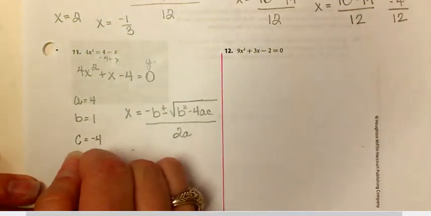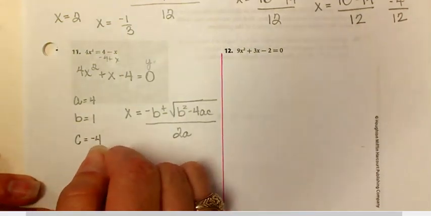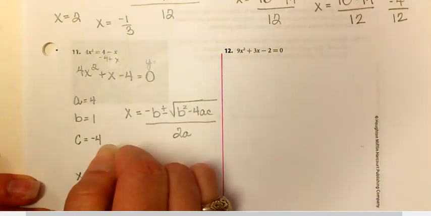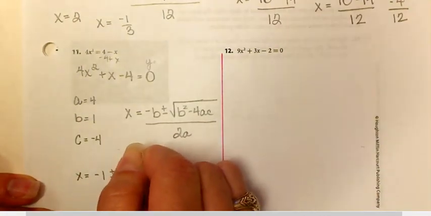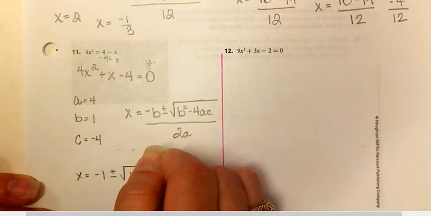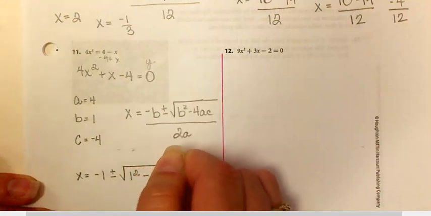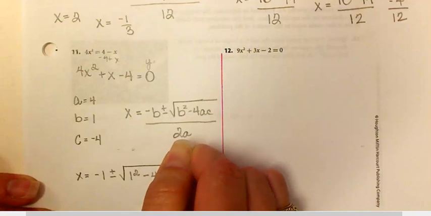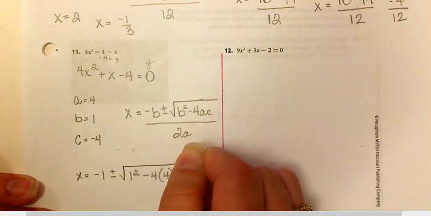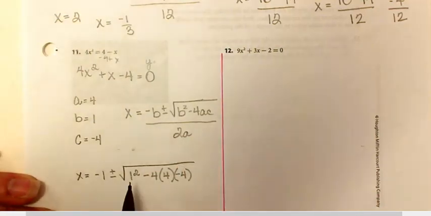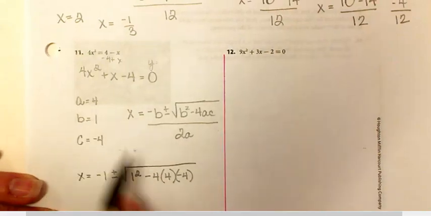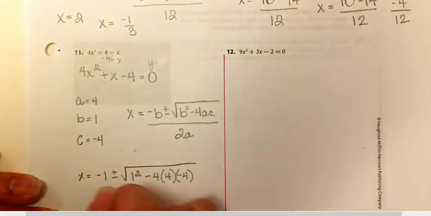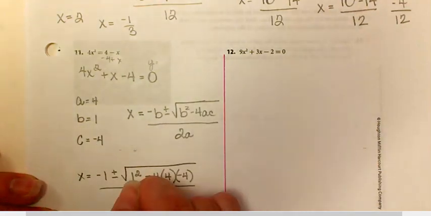I have x equals negative 1 plus or minus 1 squared minus 4 times negative 4. Okay, because b squared minus 4 times a times c, all over 2a.